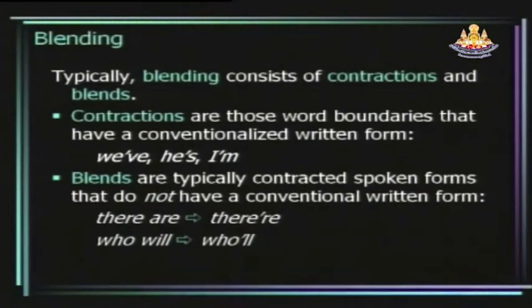There are 6 people waiting to see you. Who will, in spoken English, becomes who'll. Who'll you invite to your party? Who'll. It's not typically written like this, but that's the way that it is typically spoken. So contraction and blend are really the same thing, only one of them is written in a standard way. The other one is just something that we use in spoken English.